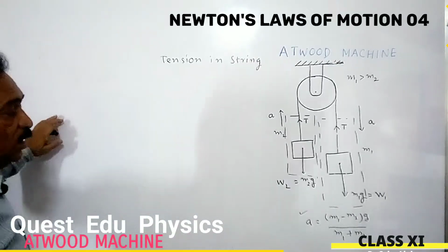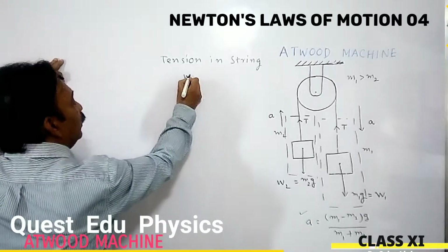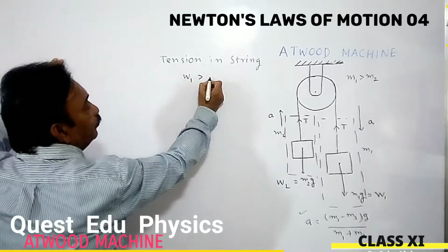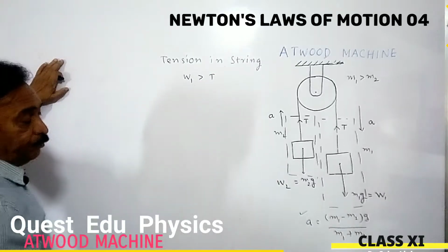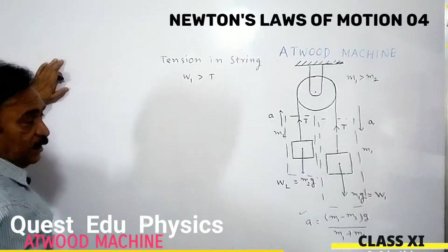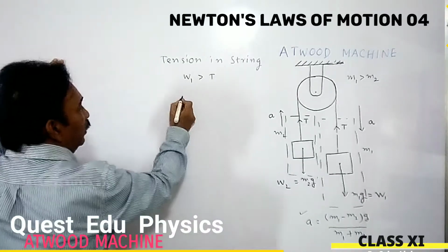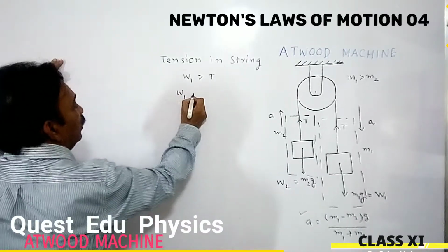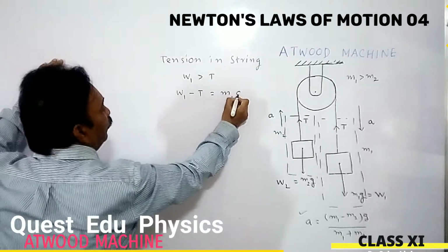Okay, students, if you watch the equation carefully, we have learned that W1 is greater than T, and the difference between the two provides the net force. Here we can write W1 minus T is equal to M1A.